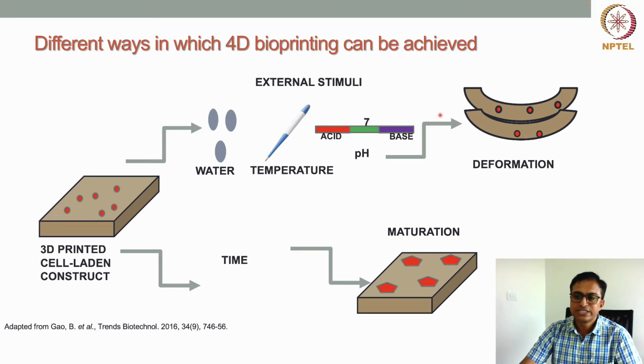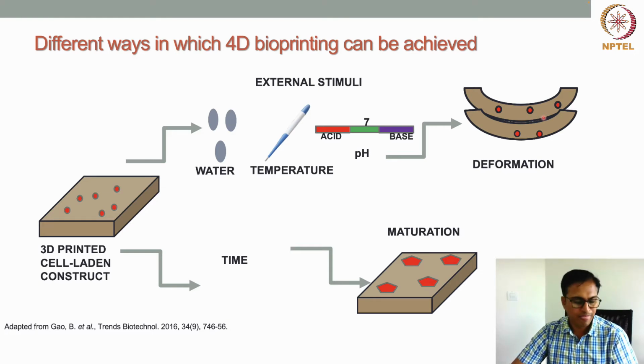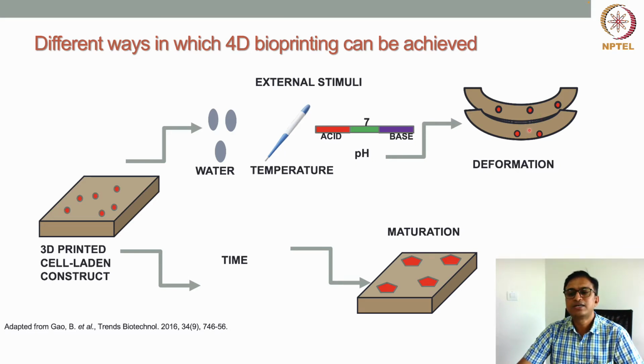Suppose if I then change the temperature of the structure, one particular material will respond to the stimulus, and the other material will not respond to that stimulus in the same way. So we can get an expansion or contraction of that material, if it depends on the temperature, and then there can also be a bending of the structure.